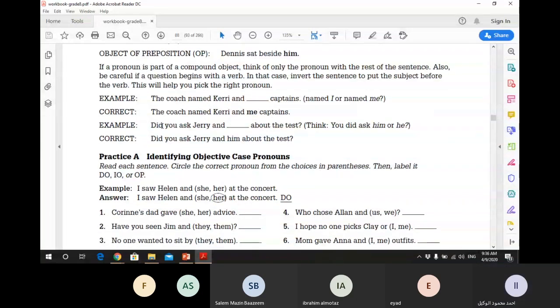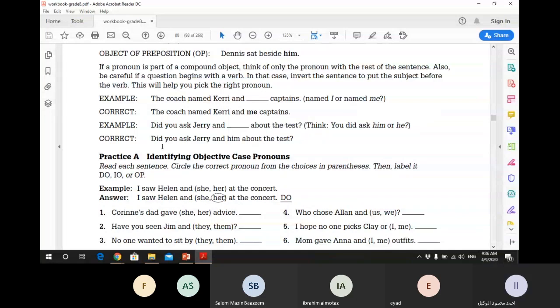Second example, did you ask Jerry and him about the test? Here I don't know what to choose, he or him? So simply rearrange it: you asked. You is the subject, asked the action verb, Jerry and him is what? Compound object.